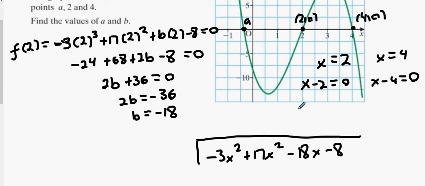Okay, thank you. Now, next thing, what happens when you multiply two of these by each other? What do you get? x squared minus 6x plus 8. We know that has to divide in equally because x minus 2 is a root and x minus 4 is a root.